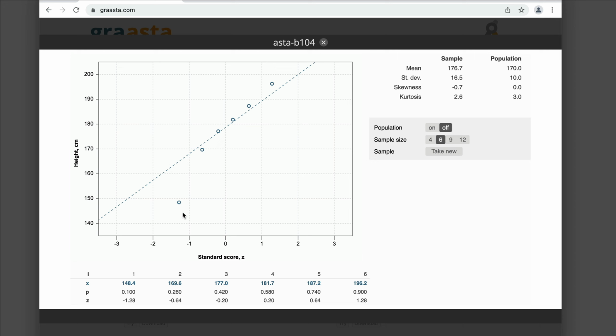Maybe this one looks a little bit like an outlier, right? But the point is that this is indeed a sample that came from a normally distributed population. That's the way I wrote this app. Then you can see that every time I take a new sample, the points sometimes will be pretty close to this line, sometimes pretty far from this line. But most of the time, they look, for example, this one, almost ideal, right? So in this case, I know they came from a normally distributed population.